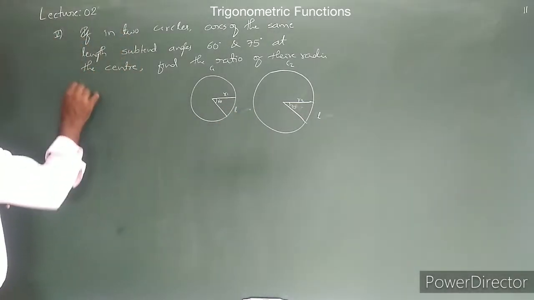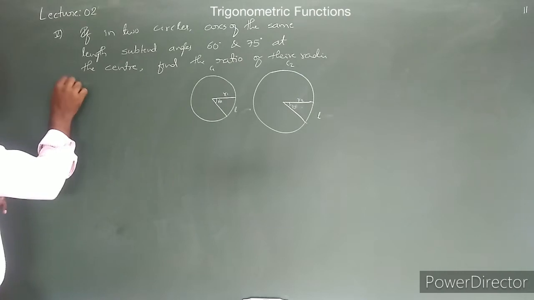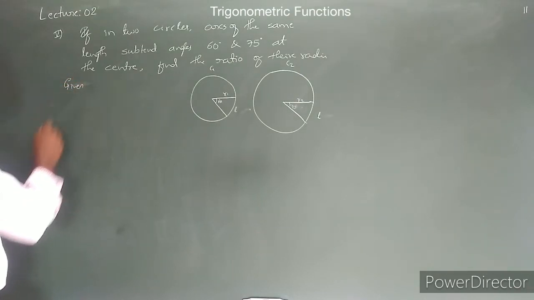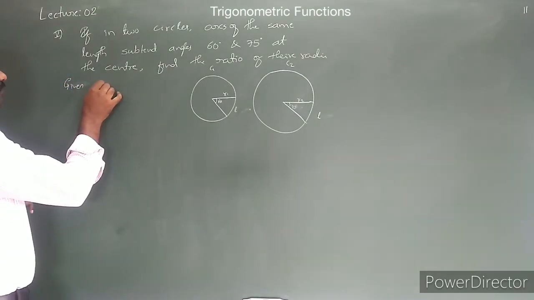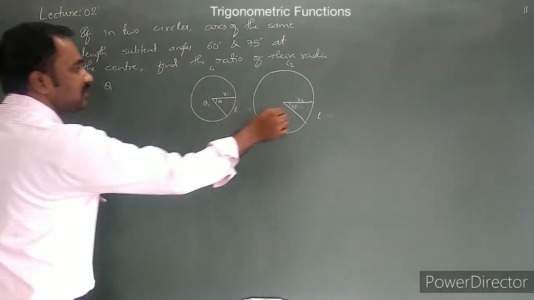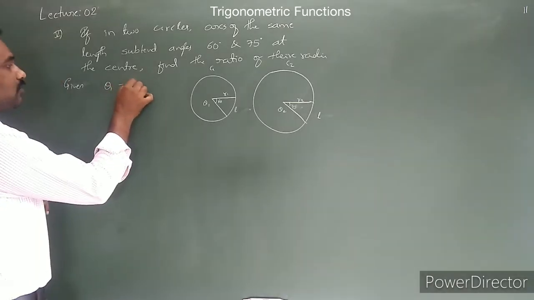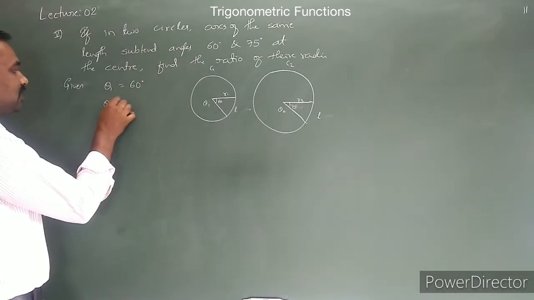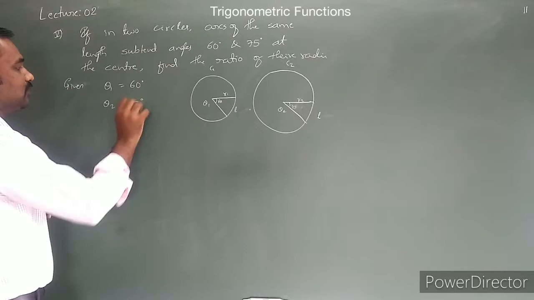Okay, now first of all, what is the given data? Let me call them theta 1 and theta 2. Theta 1 is equal to 60 degrees, theta 2 is equal to 75 degrees.